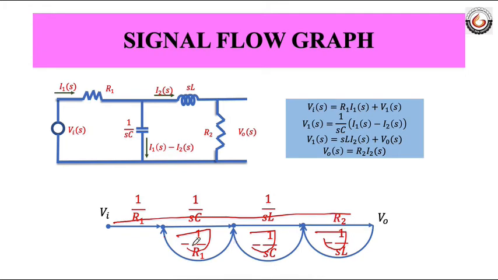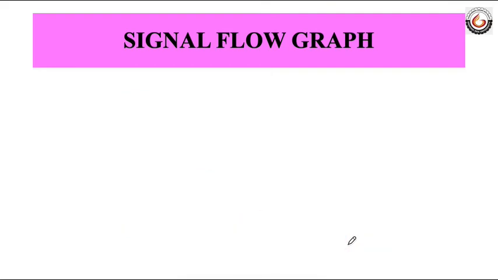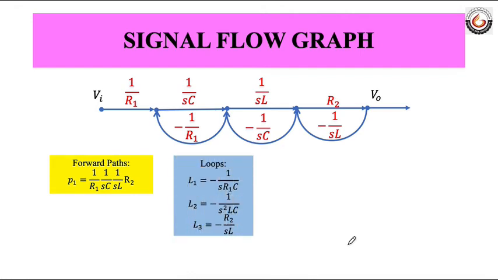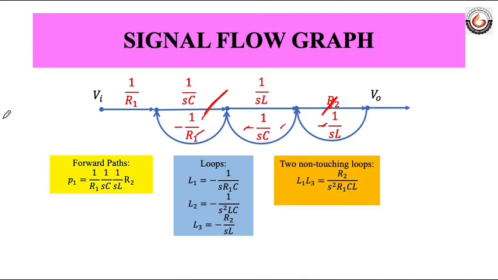One loop is minus 1 by R1 SC, another is minus 1 by S square LC, third is minus R2 by SL. So we have one forward path and 3 loops. What are my non-touching loops here? These 2 are touching each other, this is also touching each other, but this and this are not touching. So I can write L1 into L3, which is R2 by S square R1 CL.